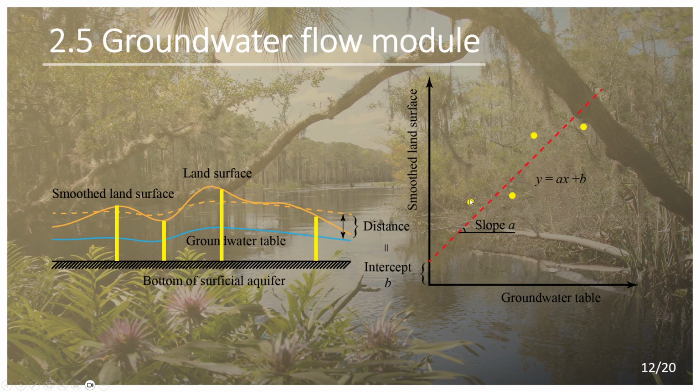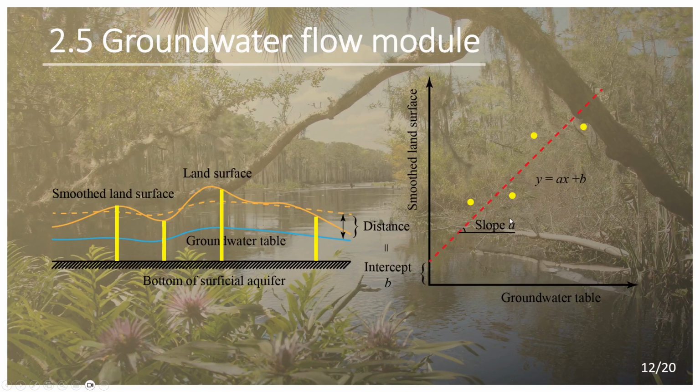Therefore, we can plot these 4 wells, which are these 4 yellow dots. Then we can fit this data with a line, like this red line here. This line has a slope A and an intercept B.